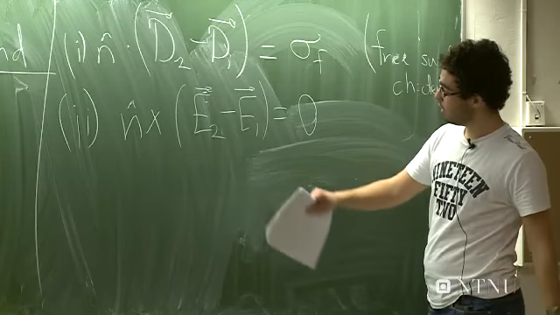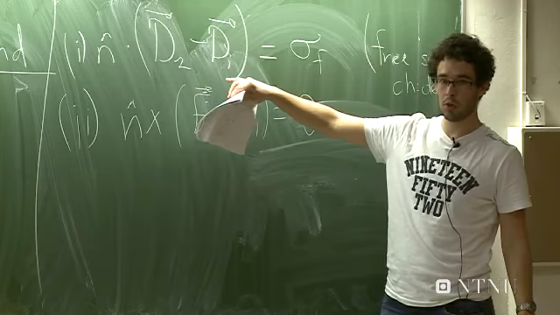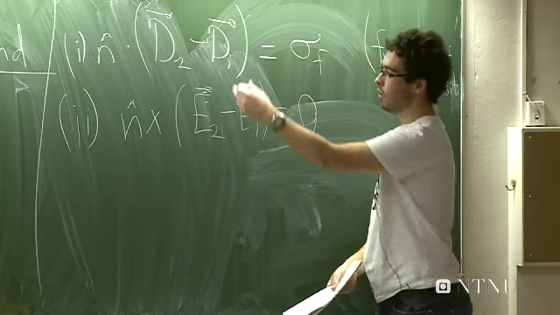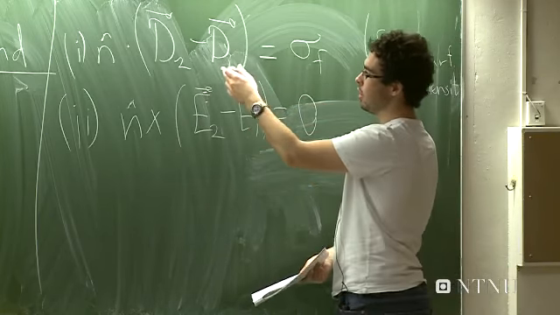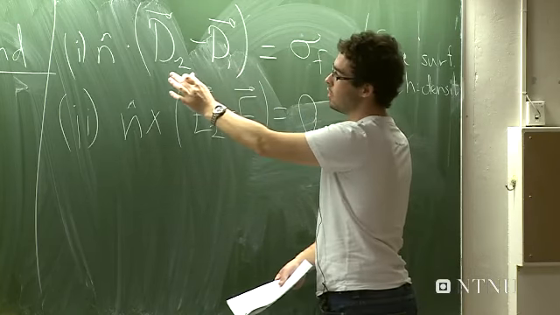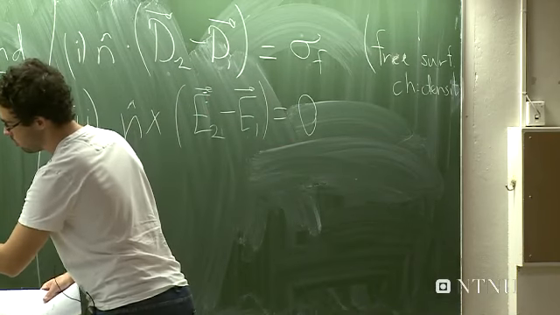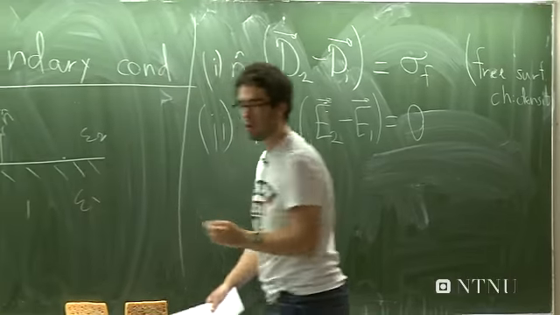Like this. Of course, now, if we work in linear materials, the D will be proportional to the E. And if, let's say, there's no charge density for now, then this is E2 minus E1 with an epsilon in front. Epsilon 1 and epsilon 2.